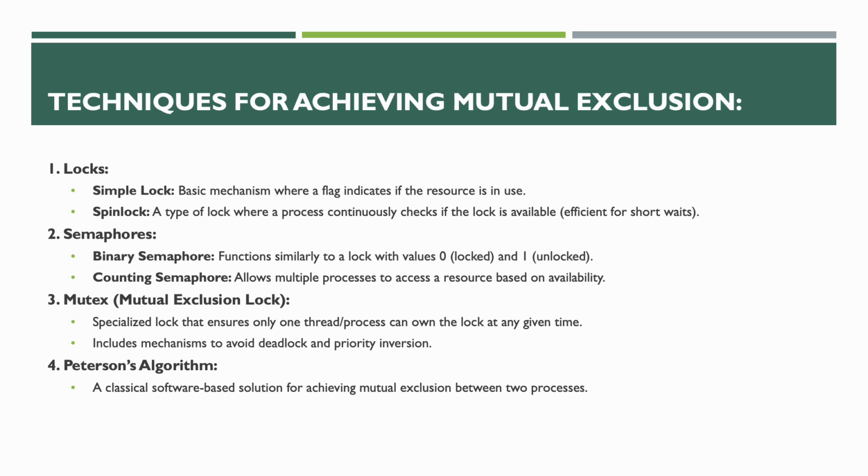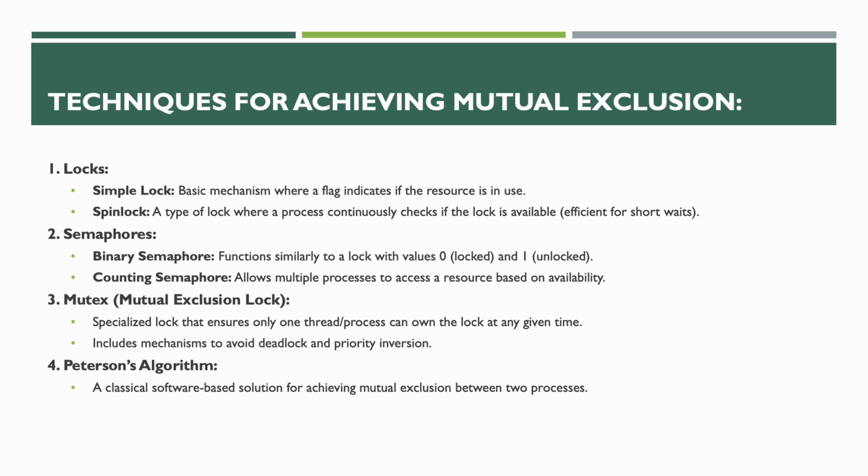A process can either lock (0) or unlock (1) a resource, which ensures that only one process accesses a resource at a time. Then the counting semaphore, which allows multiple processes to access a resource simultaneously up to a defined limit. For example, with database connections, multiple users can read data but only a limited number can modify it at once.